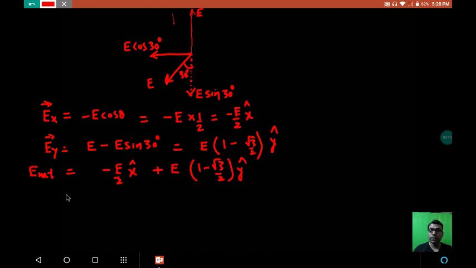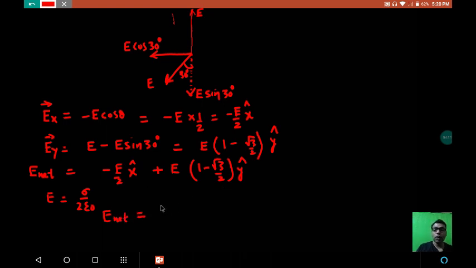We can rearrange, but the question is not only this much. They had given that E is equal to the electric field for the infinite charge sheet, which is sigma upon 2 epsilon naught. We just put the values into it and we get the net electric field.